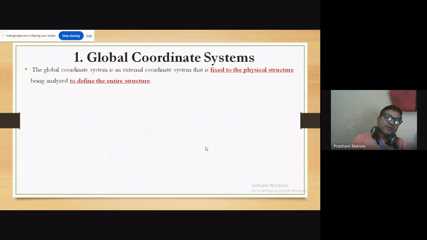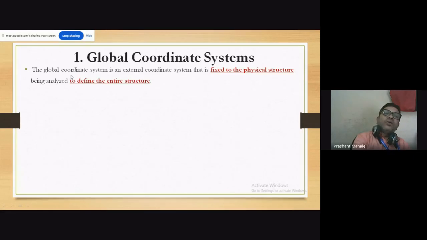A single reference, a zero reference, is there, and from that point I am going to measure 1, 2, 3, 4 in the x direction, 1, 2, 3, 4 in the y direction, 1, 2, 3, 4 in the z direction. In this way, if there is a single zero point and I'm measuring everything in the mechanical element from that reference, then I'm going to call that a global coordinate, right?